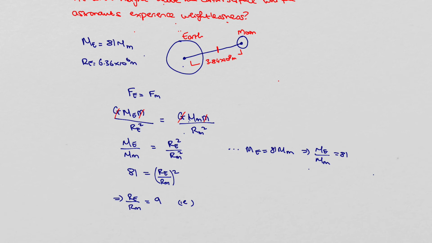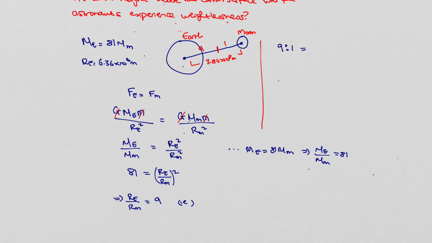Okay, so if I go up to my diagram there, my ratio is 9 is to 1. So therefore, the distance from the Earth, if I do it up here beside this diagram, would be 9 is to 1.